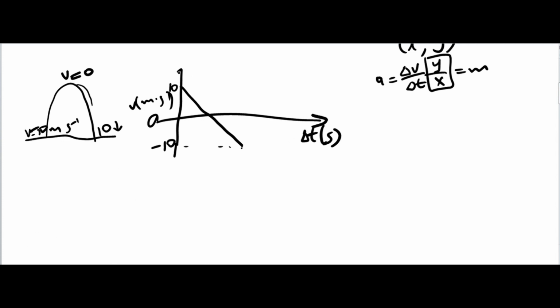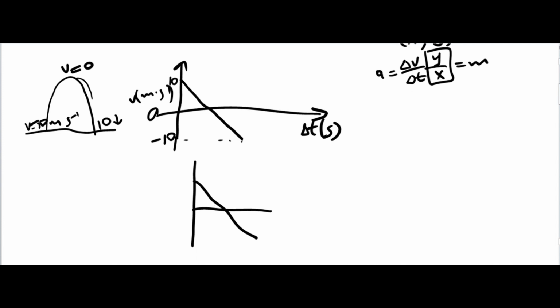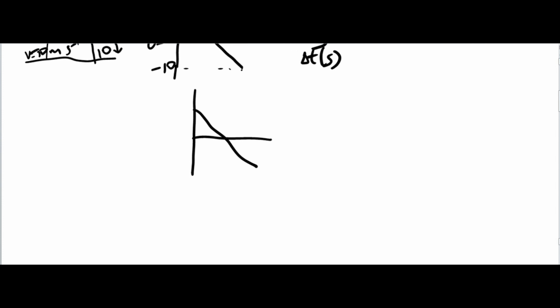Then you're done with the graph. That is the velocity time graph. Once it is thrown vertical upwards, you must know that the speed decreases up to 0.